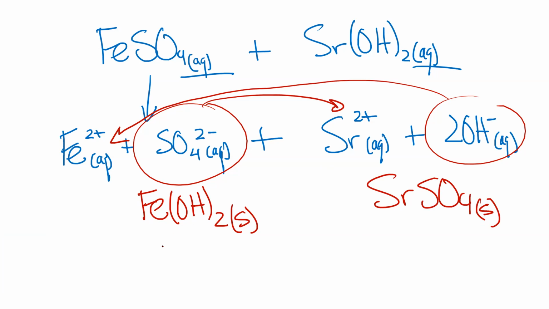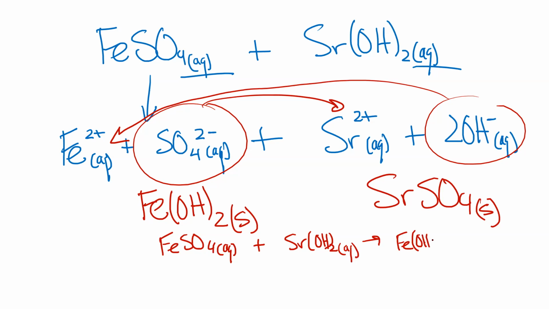Now our final reaction becomes FeSO4 aqueous plus Sr(OH)2 aqueous, giving us Fe(OH)2 solid. This is unusual. Generally, you don't form everything solid. There is no change in the net ionic equation here because there's no spectator ion.